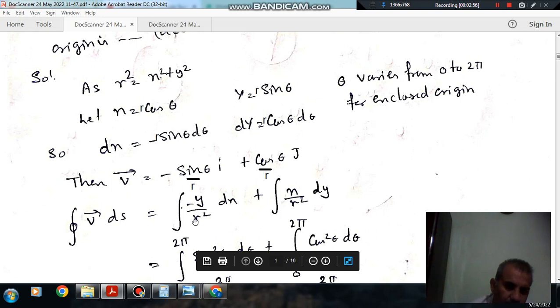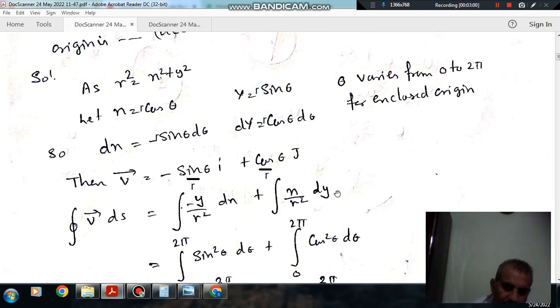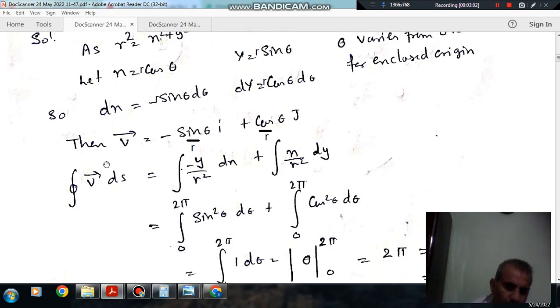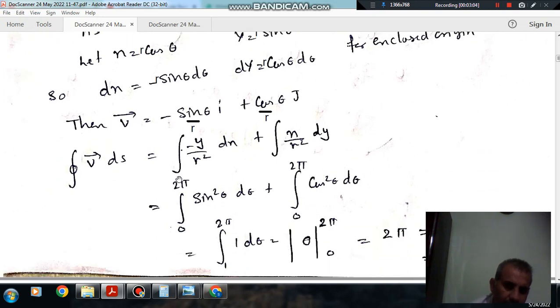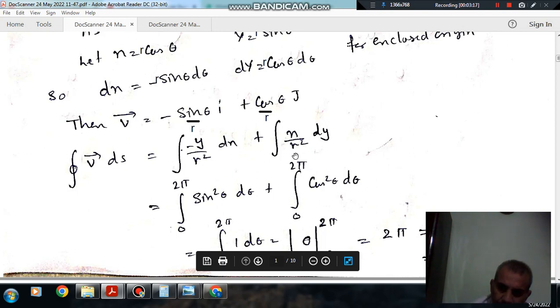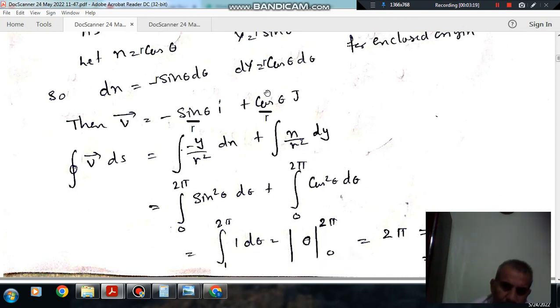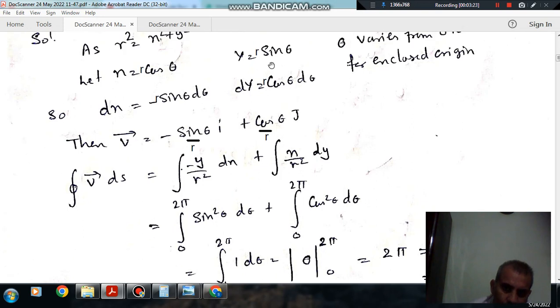So the integral is minus y by r square dx plus x by r square dy. Here y by r square gives sin square theta d theta, and x by r square gives cos square theta d theta, since dy is r cos theta, y is r sin theta, and x is r cos theta.